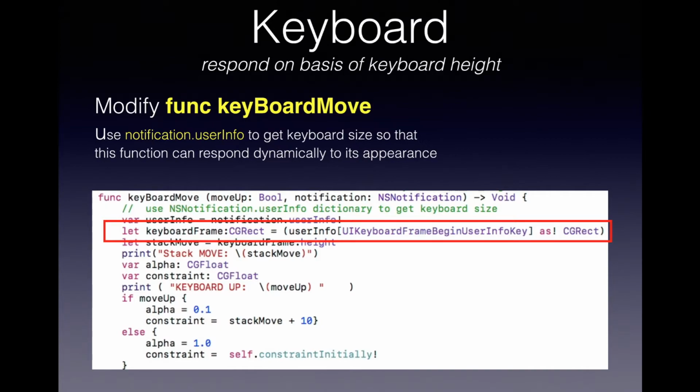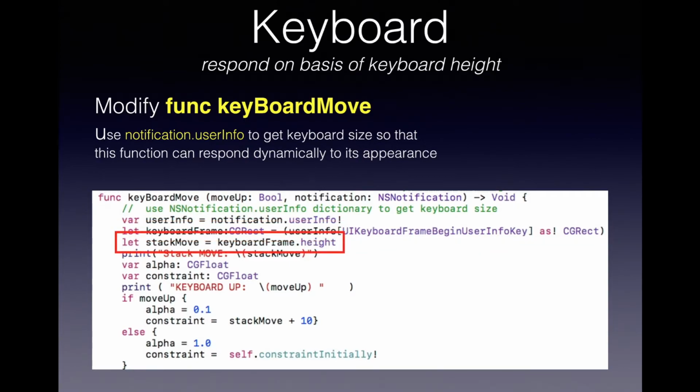So UI keyboard frame begin user info key. That key will essentially give you the keyboard frame. So we create a property, keyboard frame, which we get from the notification's user info property.